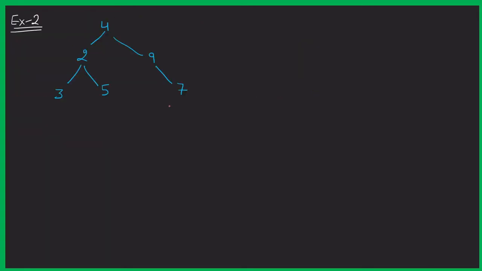So let's take another example. Say we have this tree having these many nodes, and we have to find the total tilt of this tree. I will be writing the tilt as T. So let's say the tilt of 3, that is T of 3, will be the absolute difference of the left part and the right part. In this leaf node there is no left part and no right part.